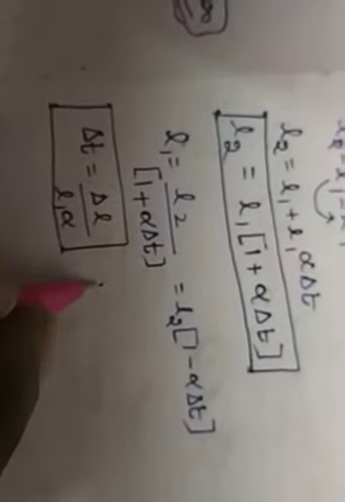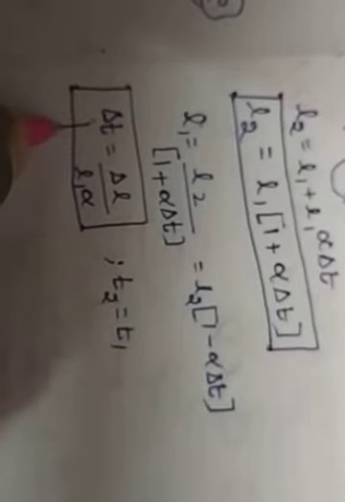For example, if I want to find the temperature difference by knowing the fractional change in length and alpha, you can write like this. And if you want to find only T2, since delta T equals T2 minus T1, then T2 equals T1 plus delta L by L1 alpha. This T2 is called the final temperature.